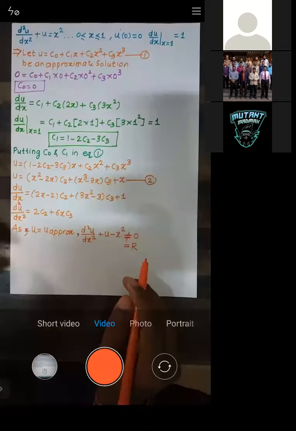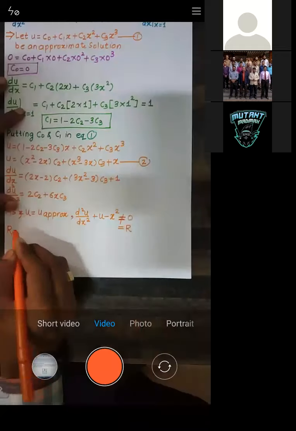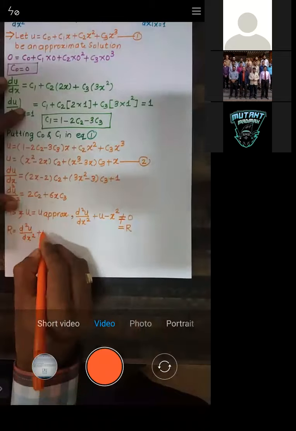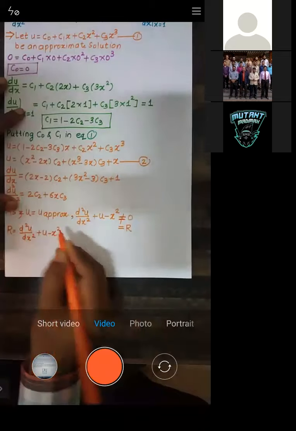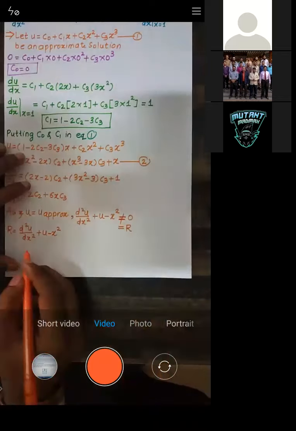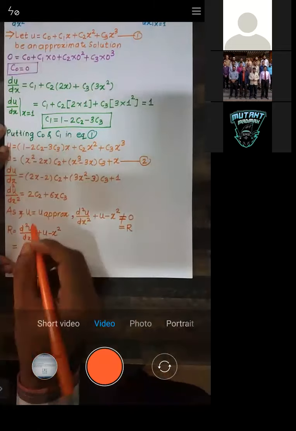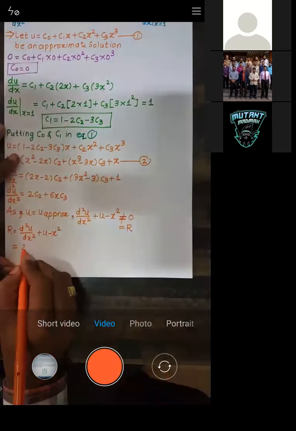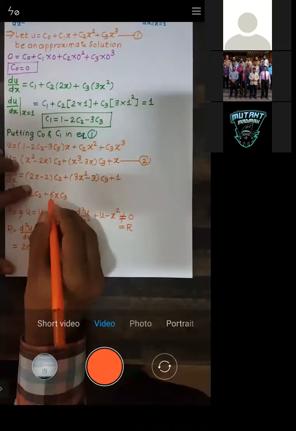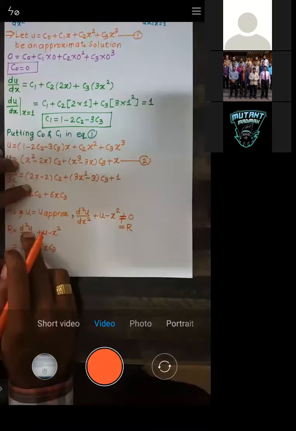So I will rewrite the value of r. r is given by d²u/dx² plus u minus x². Let's put in those values. The value of d²u/dx² is 2c2 plus 6x c3. Then plus u, the value of u that we got: x² minus 2x c2 plus x³ minus 3x c3 plus x.